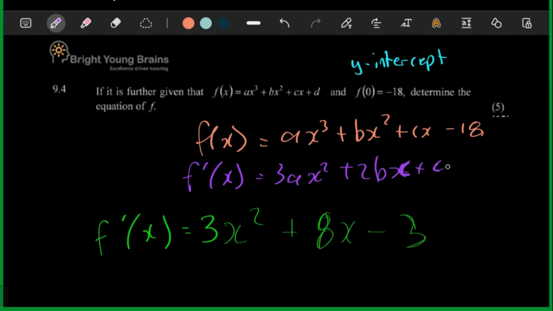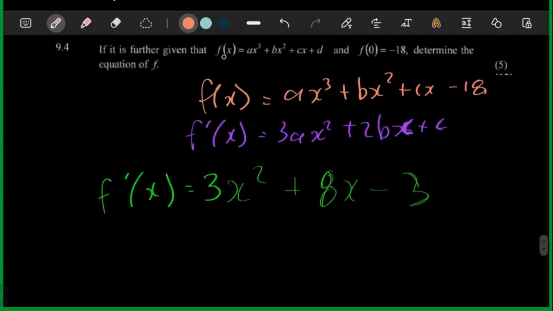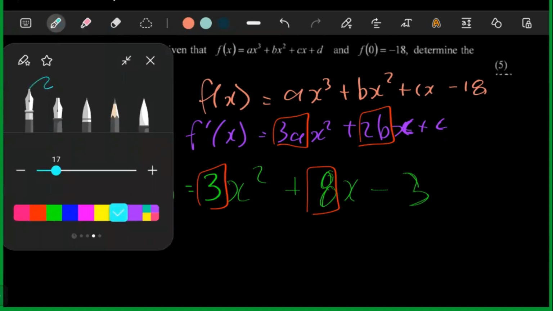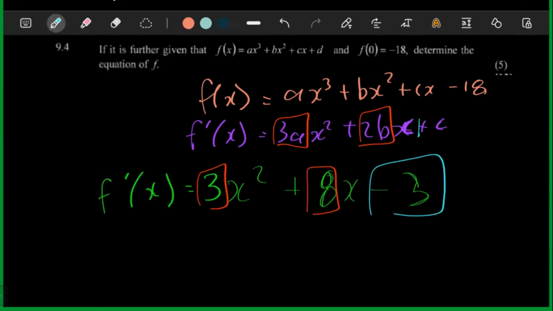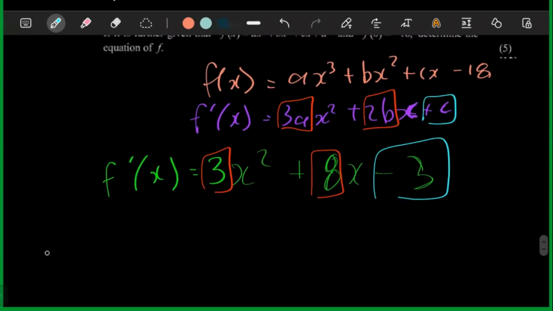The reason for doing this is so that you can see that the 3a goes with 3, the 2b goes with the 8, and then obviously the minus 3 goes with the c. So now you can literally just work it out.